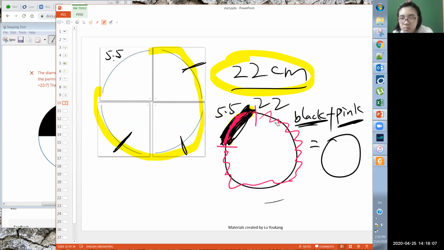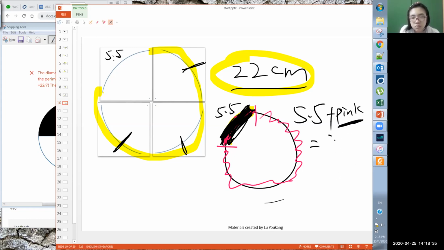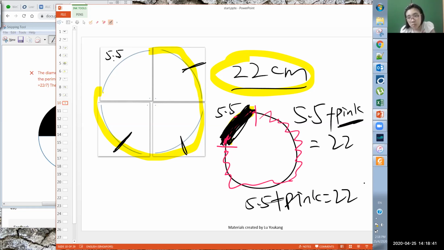So if the black plus the pink will give you the entire circle, now the black is what? What's the value for black? 5.5. So now the pink, you don't know. What is the entire circle? 22 cm. Very good. That means 5.5 plus pink will give me 22. So how do you find the pink?